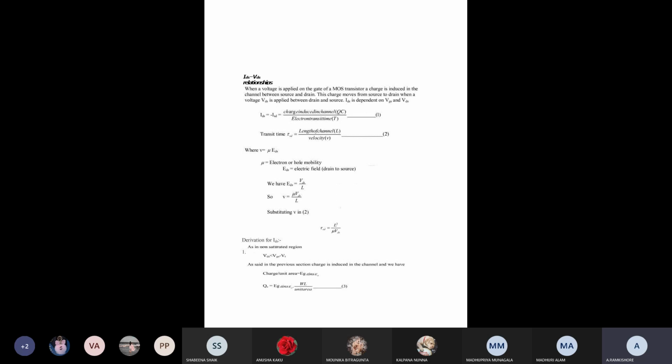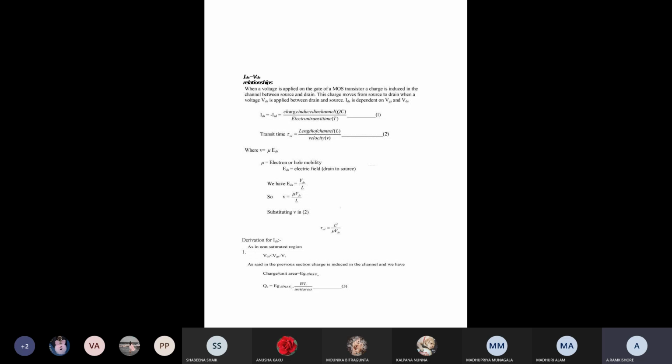In today's class, we mainly have to see the IDS versus VDS relationship, that is, based on VDS, how IDS develops in a MOS device. This depends on different parameters: the charge induced in the channel, the electron transit time, the length of the channel, velocity, and electron or hole mobility.